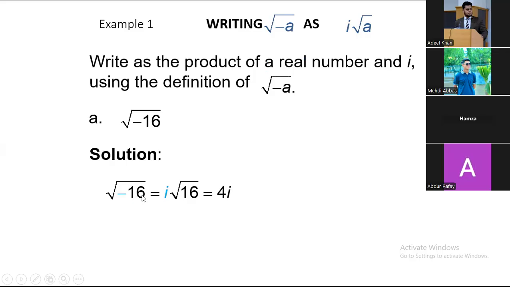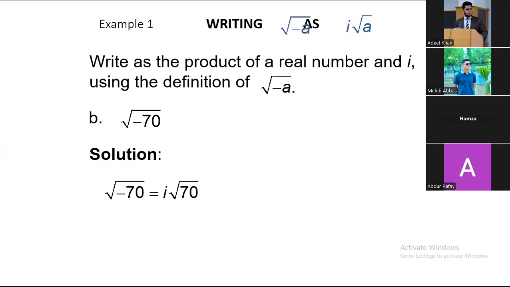Square root of minus 16 is iota square root of 16. We all know that square root of minus 1 multiplied by 16, and the square root of minus 1 is iota, and the square root of 16 is 4. So 4 iota is the result of this expression.